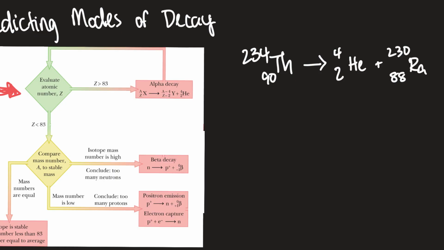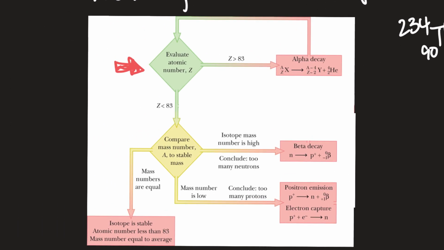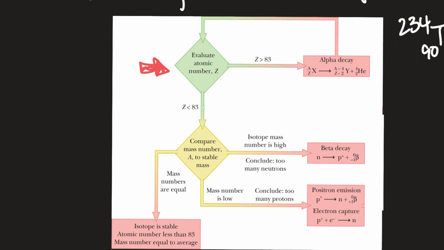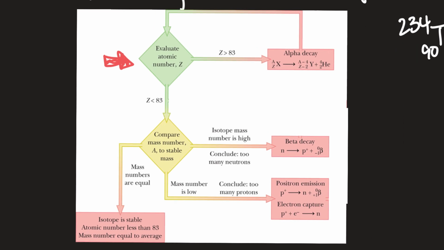This will continue to take place. Once you go through this alpha decay, you want to reevaluate your atomic number and see if it is greater than 83.